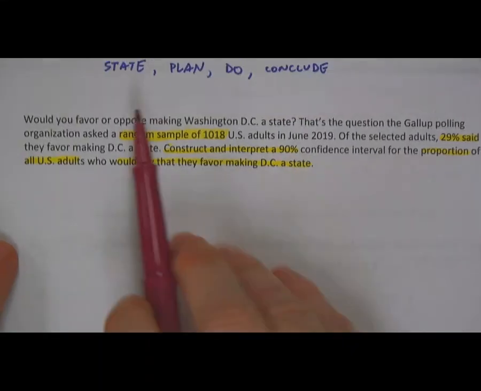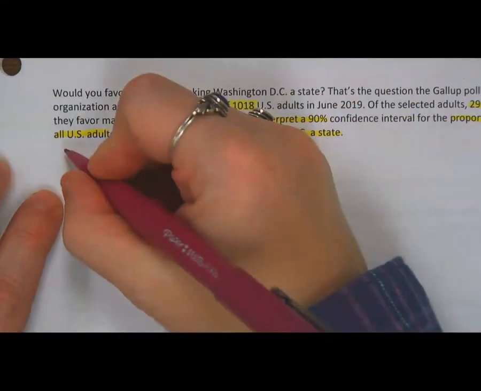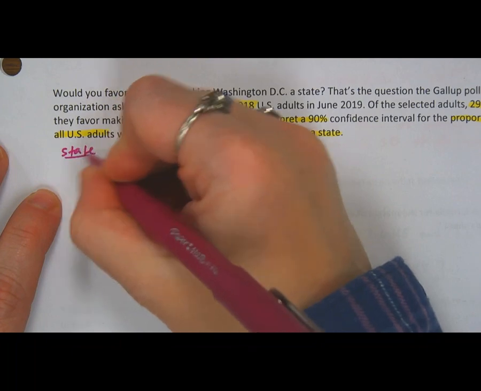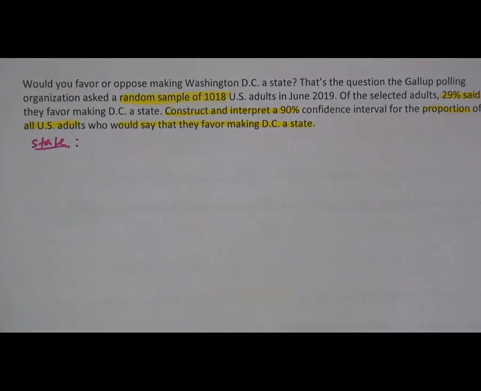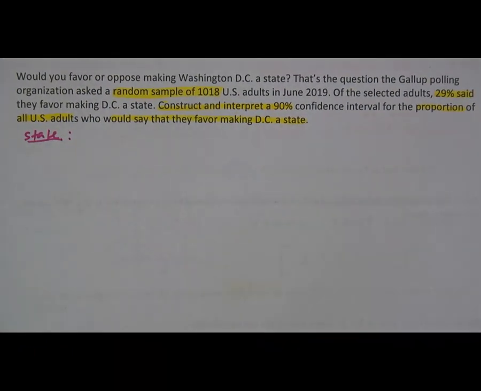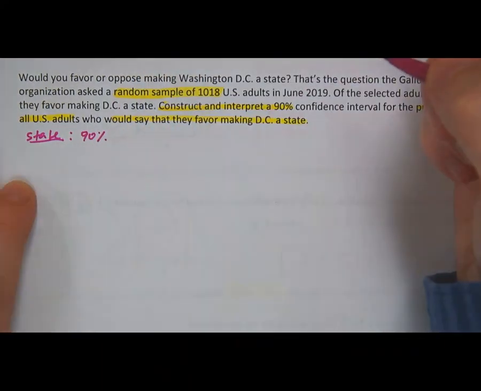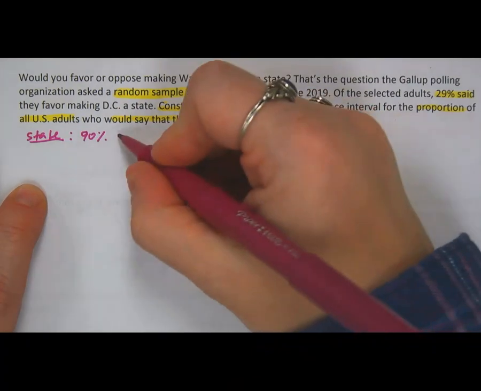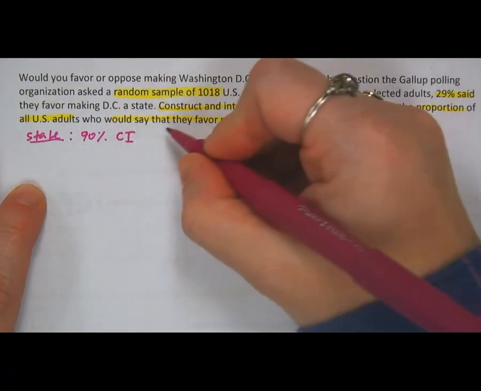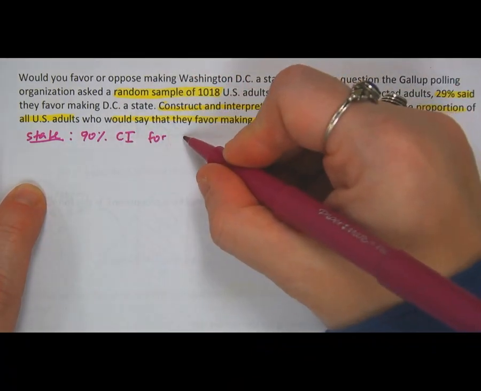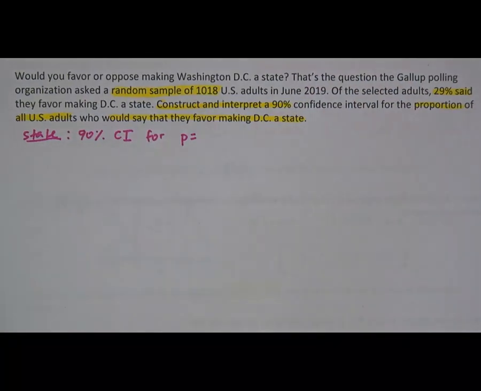So let's follow these 4 steps. The first thing we're going to do is state, and you can always set it up like this, state. What we're doing here, we're stating what we're doing is we are calculating, excuse me, a 90% confidence interval for, and here's where you're going to define what your variables mean.